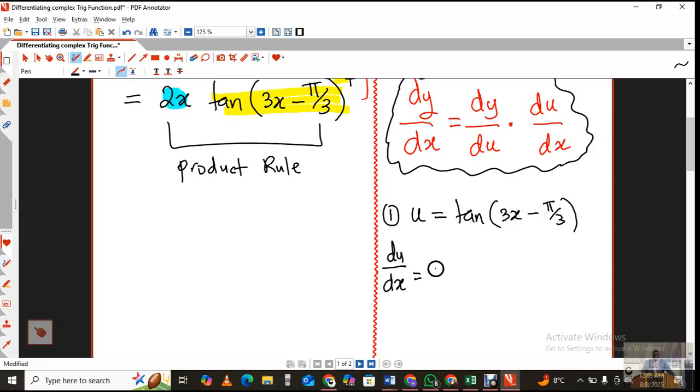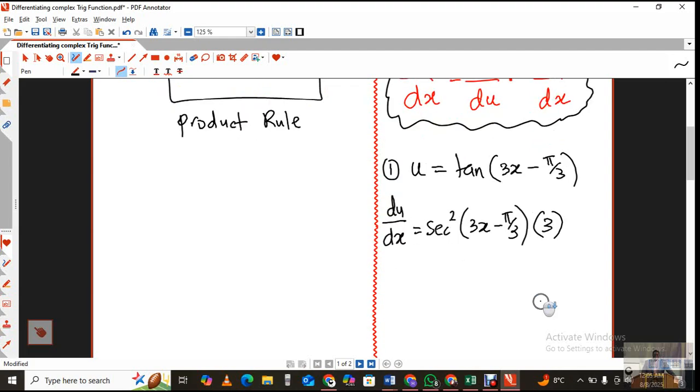The derivative of tangent is sec squared of the same stuff, and you're going to multiply that with the derivative of what is inside. So cleaning this up gives me 3 sec squared of 3x minus pi over 3. So this is du/dx.